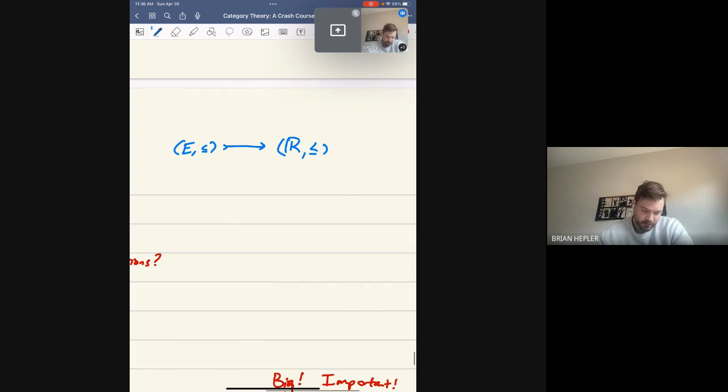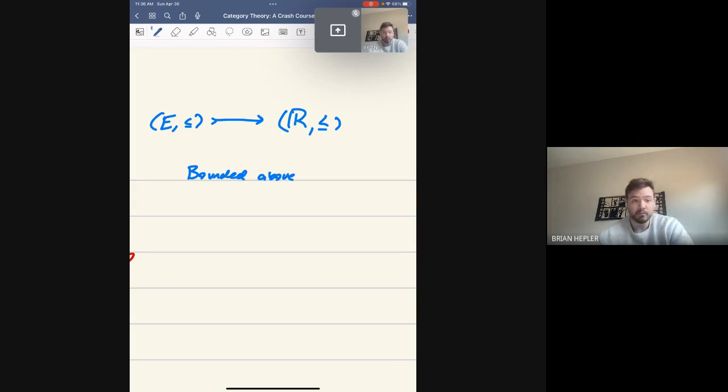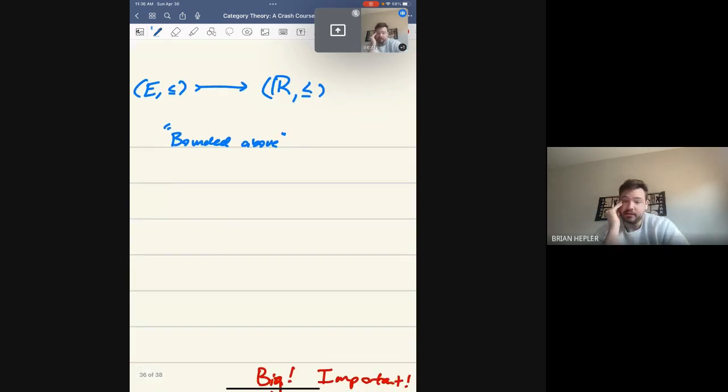Bounded above means, let's talk about what bounded above means in the general sense, what the definition is, and then we'll look at how it relates to this problem.